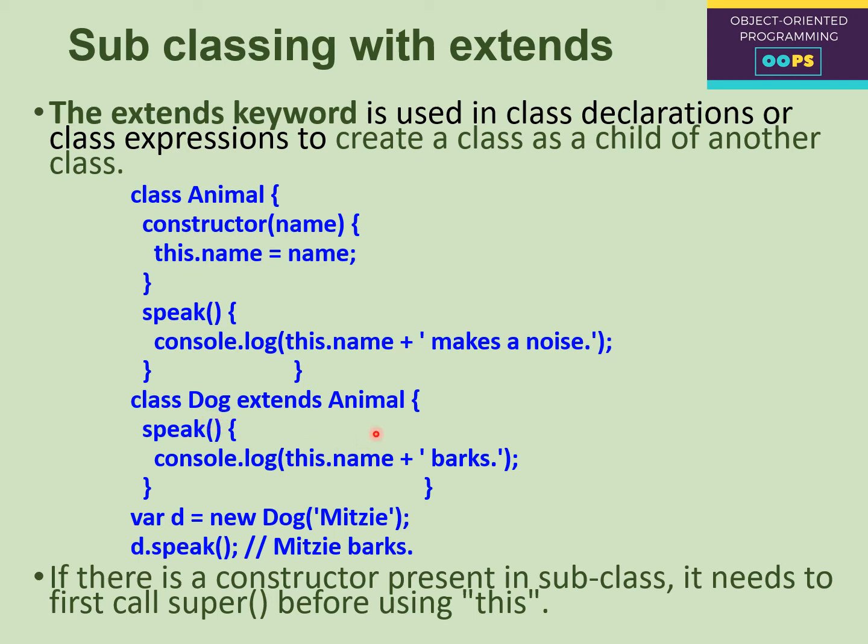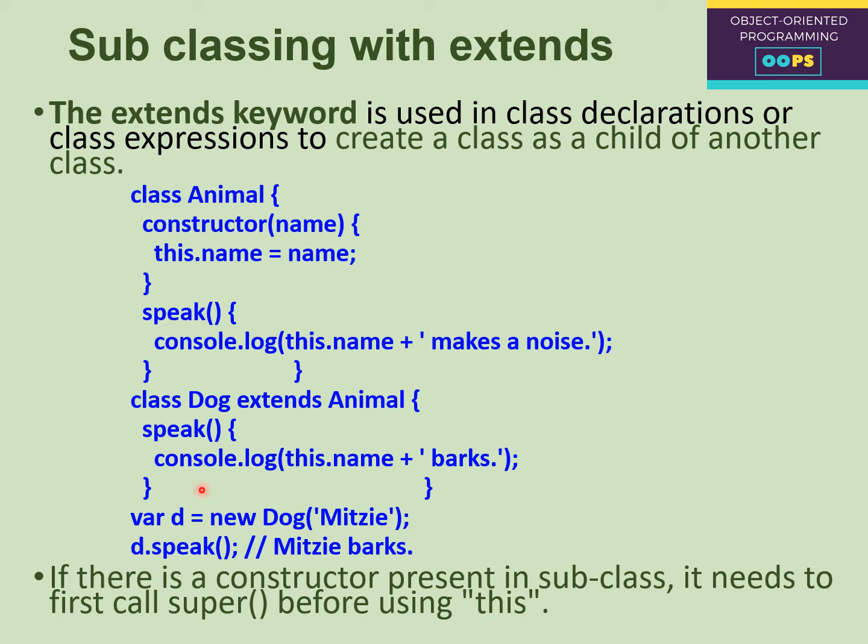In this Dog class, it again specifies a function called speak: console.log of this.name barks. I already mentioned that Animal is extended to Dog. Animal has a property called name and a function called speak. Those things automatically arrive in the Dog class by using the keyword extends.